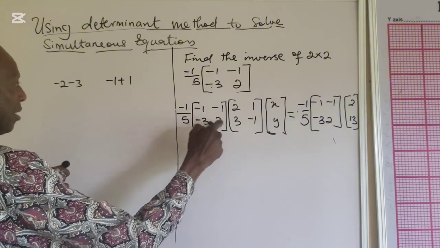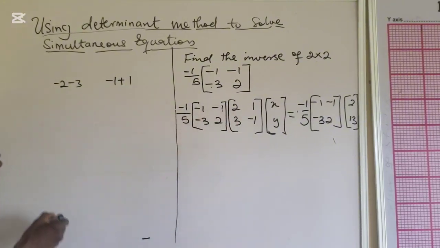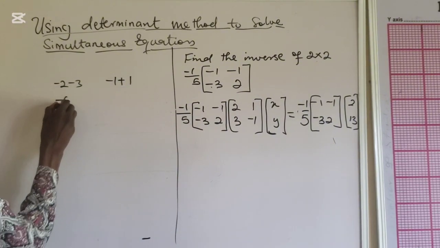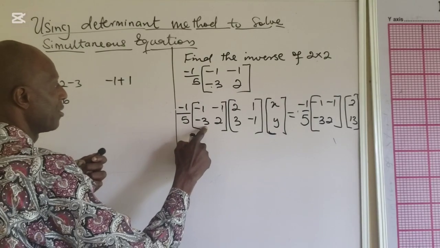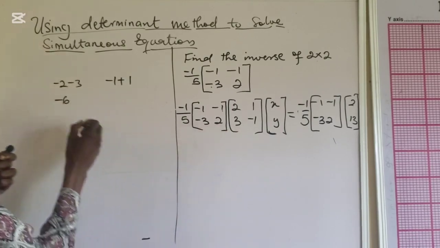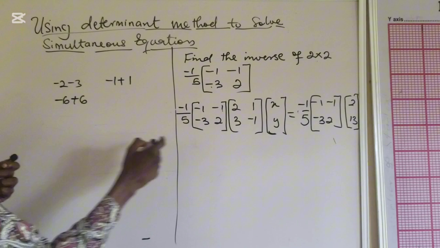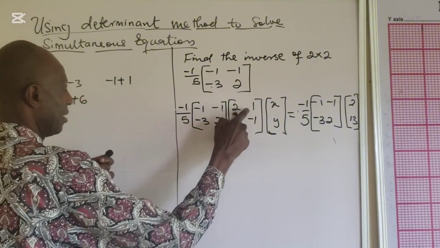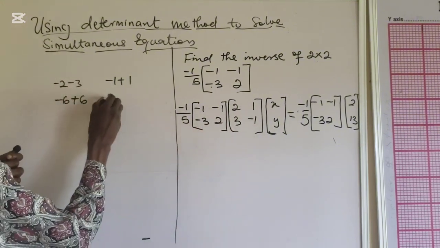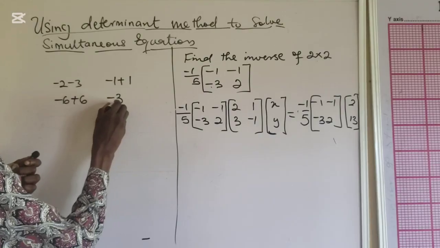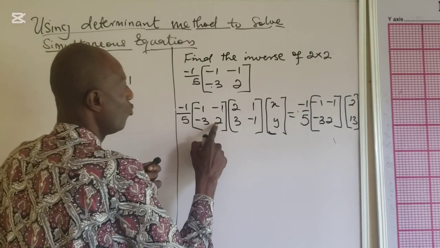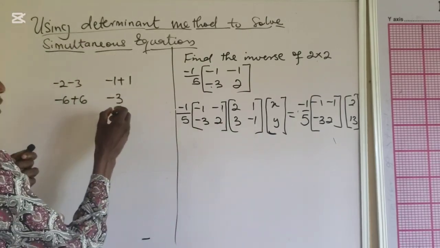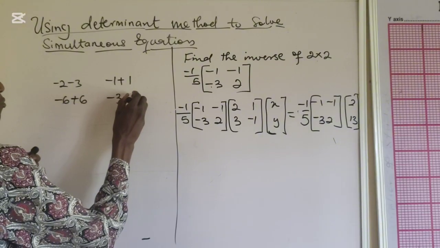Now use this one again. Minus 3 times 2 is minus 6. Minus 3 times 1 is minus 3. Then 2 times minus 1 is minus 2.